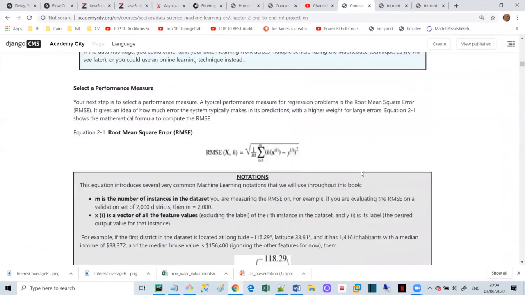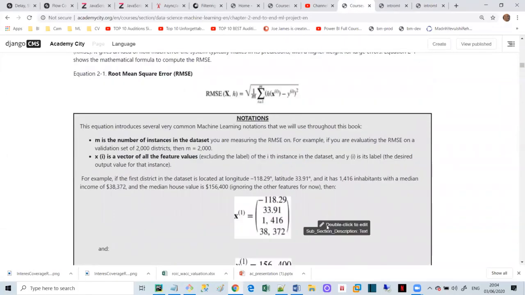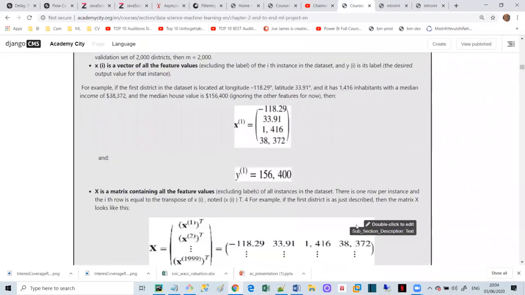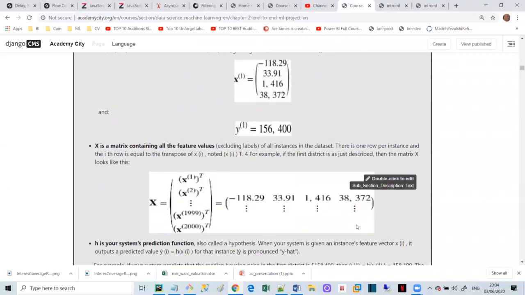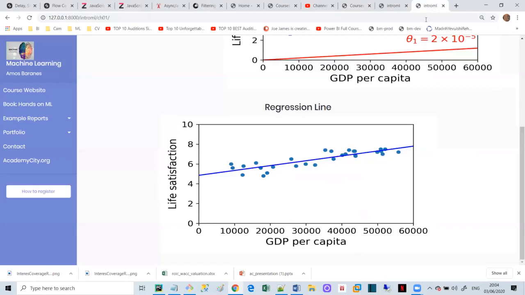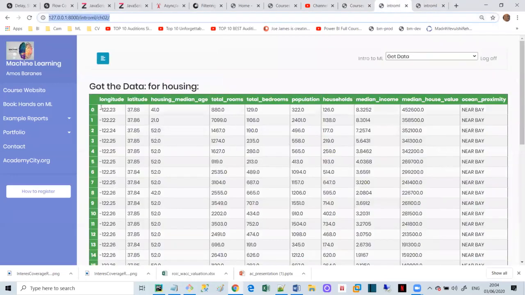Now, this is more technical, and I don't know how much linear algebra you know, but let's go back to the data. Our data is like that, correct? Each record here is a district, so we organize our data for each example.